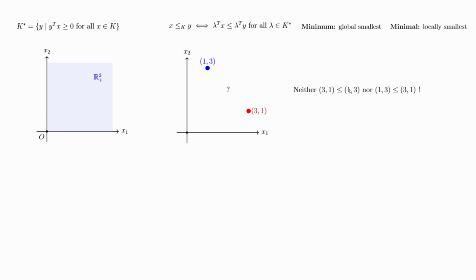This is actually why we need two different definitions for minimum and minimal. Minimum turns out to be a point that's less than or equal to everything else, so it's a global notion. On the other hand, minimal is a point with nothing strictly below it.